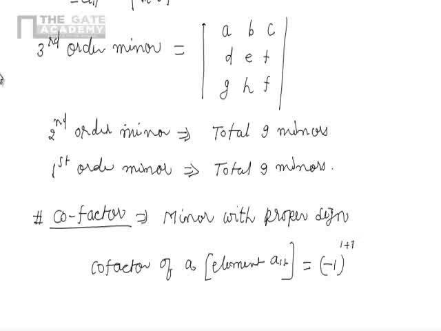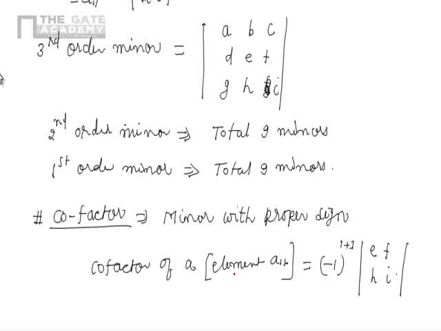So 1 plus 1, here i is 1, j is 1, and the minor. So when I take this A, so E F H I, this will be called the cofactor of A.